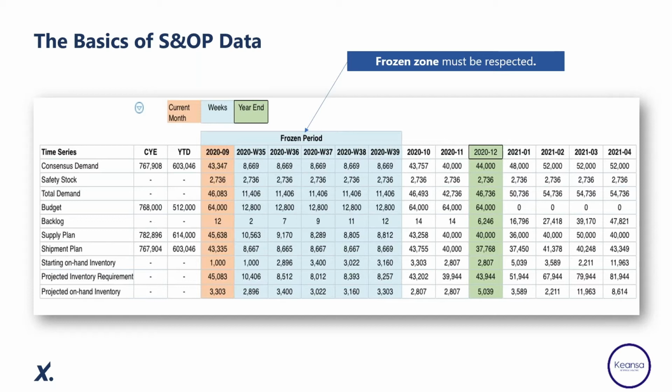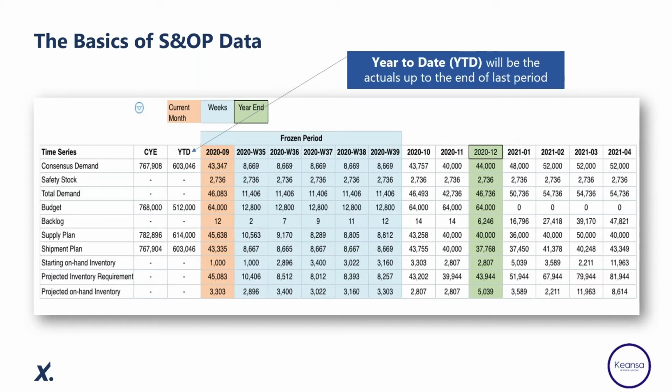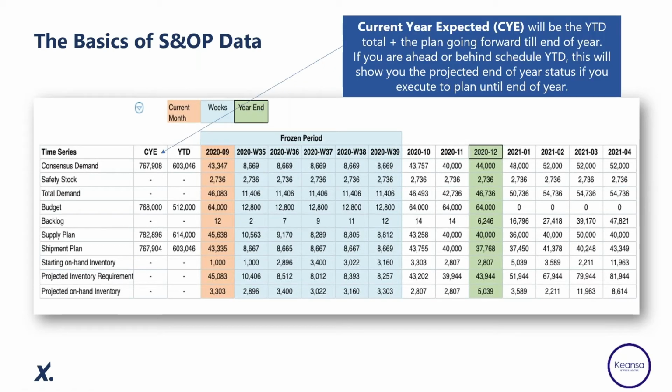The year-to-date number is the actuals up to the end of the last period, and my current year expected is my year-to-date actuals to the last period plus what I'm expecting to achieve in all my plans to the end of the year. And the reason you want to see this is, let's say you're behind schedule in your year-to-date. It could be that some of your sales have slipped a few months.